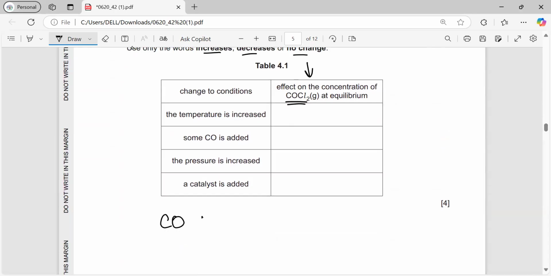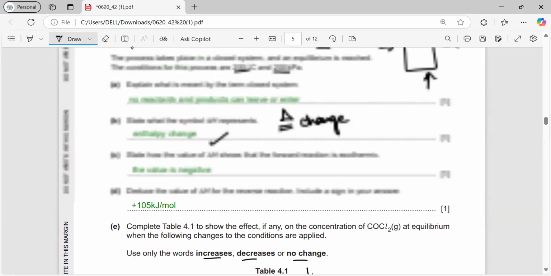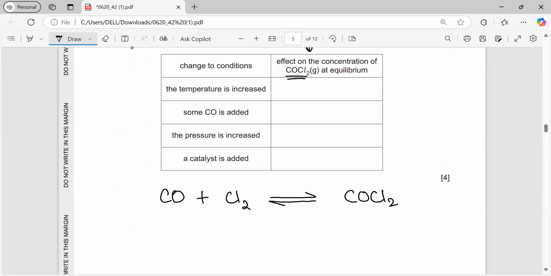It is CO plus Cl2 gives COCl2. All of them are gases, and no balancing is needed. The forward reaction is exothermic, minus 105 kilojoules per mole.